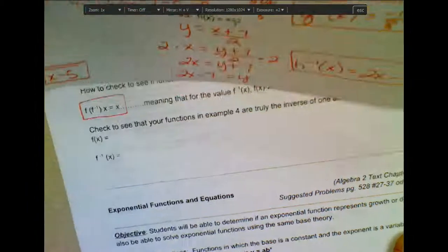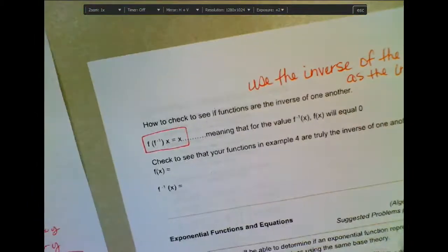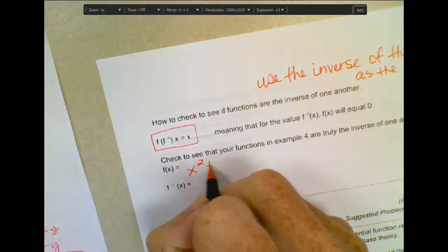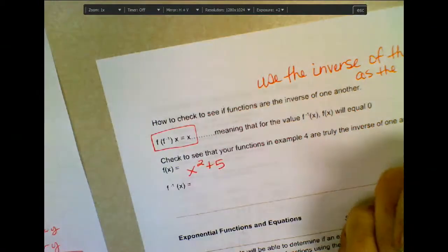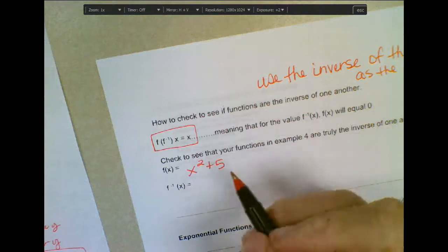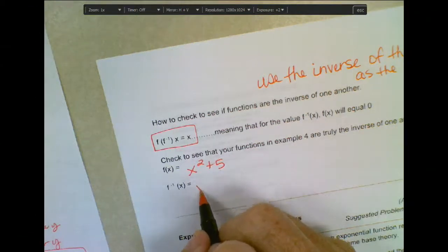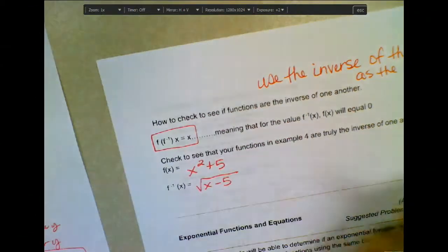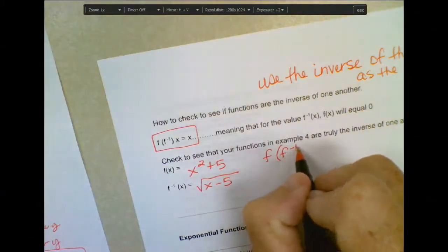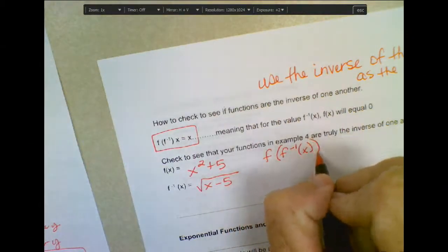So for number 4, our original function was x squared plus 5, and we came up with an inverse function of square root of x minus 5. So I'm going to calculate f of f negative 1 of x.